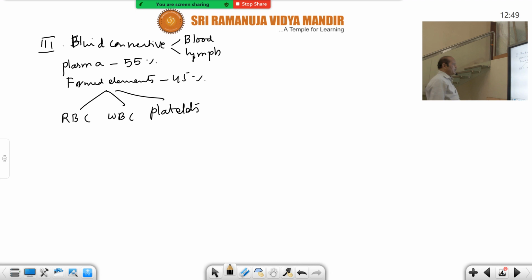So details on blood and lymph are not given in this structural organization exam; there only we will touch all those things. Okay, this is about the specialized type of connective tissues.